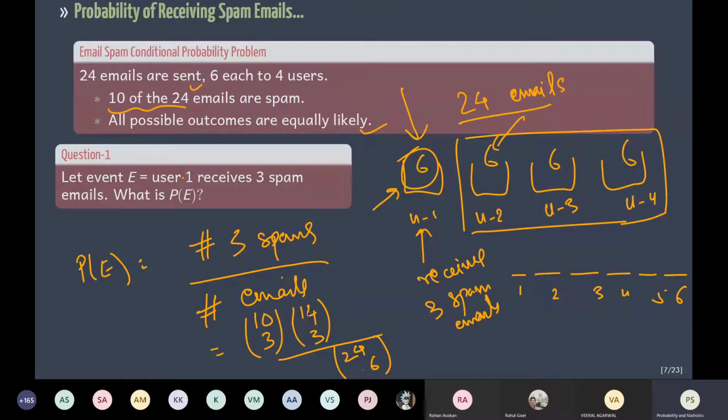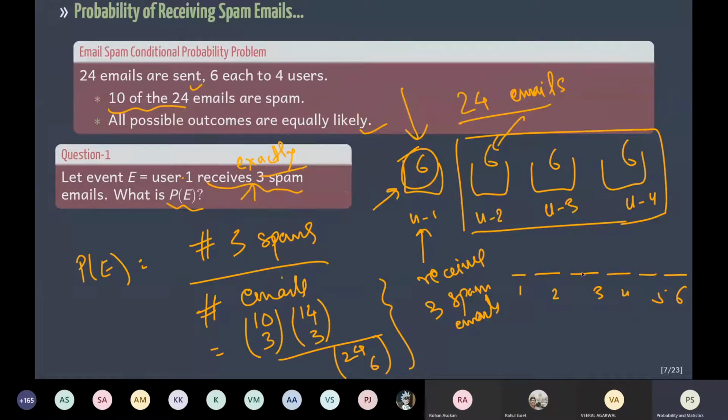So this is via counting, right? This is the probability here. User 1 receives 3 spam emails. Out of 10, the number of ways the 3 can be chosen is 10C3, and then the remaining 3 out of the 14, because we are talking about exactly 3 spam emails.